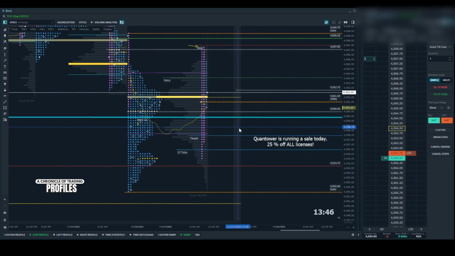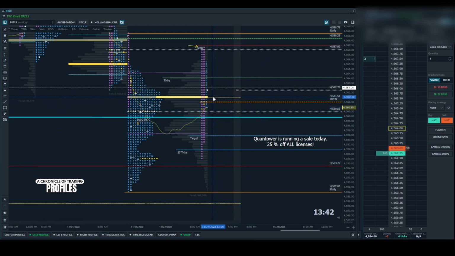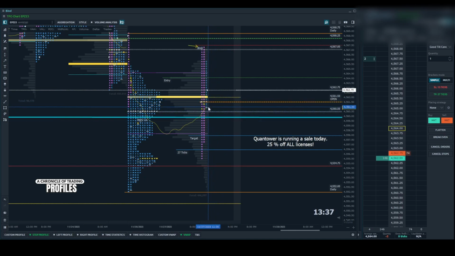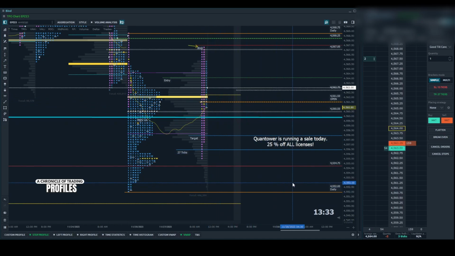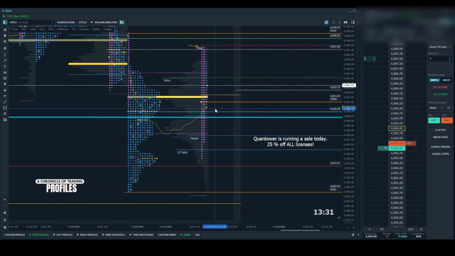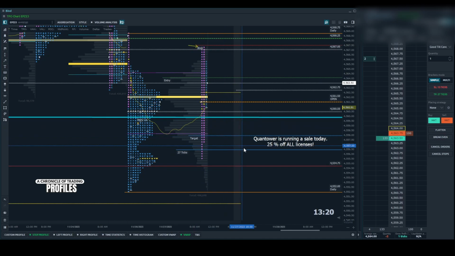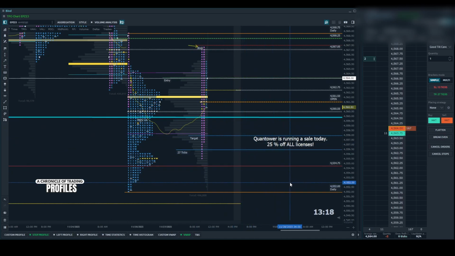It's such low volume, it's kind of hard for me to read the rhythm, the tempo of the market, because it's moving in such a jittery movement. But ultimately, what we're doing is rotating, and I don't see any real change in that yet.